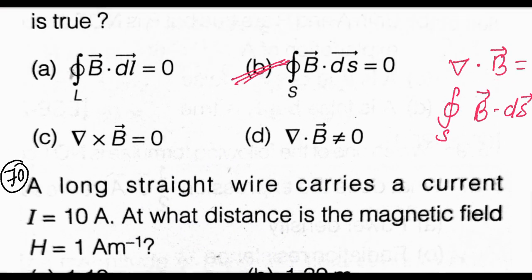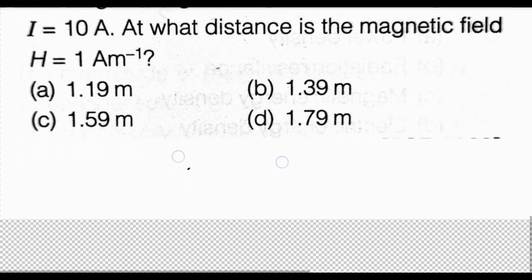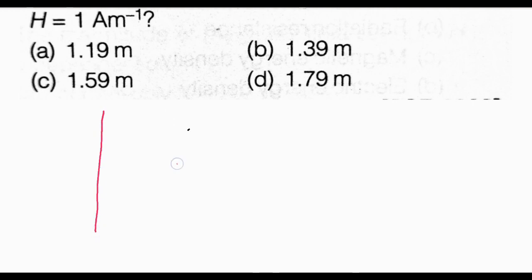Next question is, a long straight wire carries a current of 10 ampere. At what distance is the magnetic field H equal to 1 ampere per meter? Suppose this is the long straight wire, and this is the perpendicular distance r, where we are getting the field H, and the conductor is carrying current I. So what will be the field?